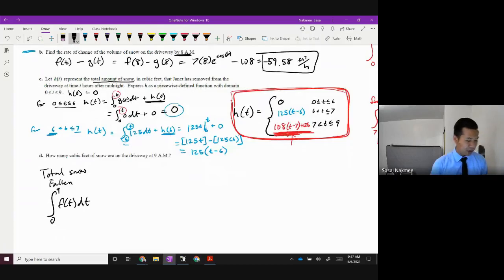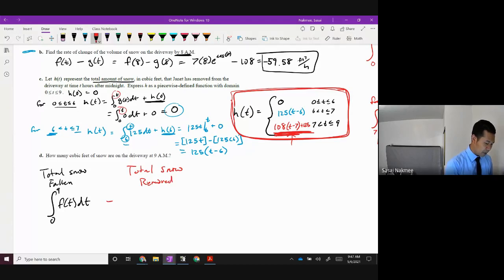That's going to tell me how much snow has fallen. I'm then, of course, going to take away the total snow removed.